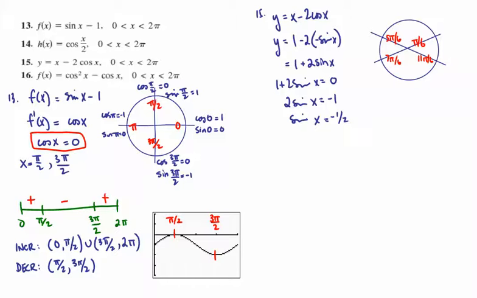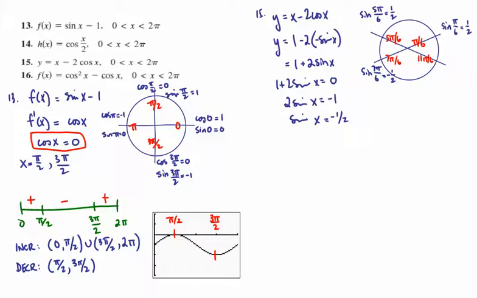So at pi over 6, sine of pi over 6 is positive 1/2. At 5 pi over 6, sine is also 1/2. Whenever y is positive, sine will be positive. Sine of 7 pi over 6 will be negative 1/2.